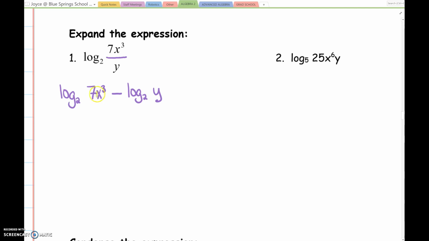So next, we would look at the fact that here we have multiplication. This is 7 times x to the third. So this one is going to split apart into log base 2 of 7 plus log base 2 of x to the third, and we still have minus log base 2 of y.